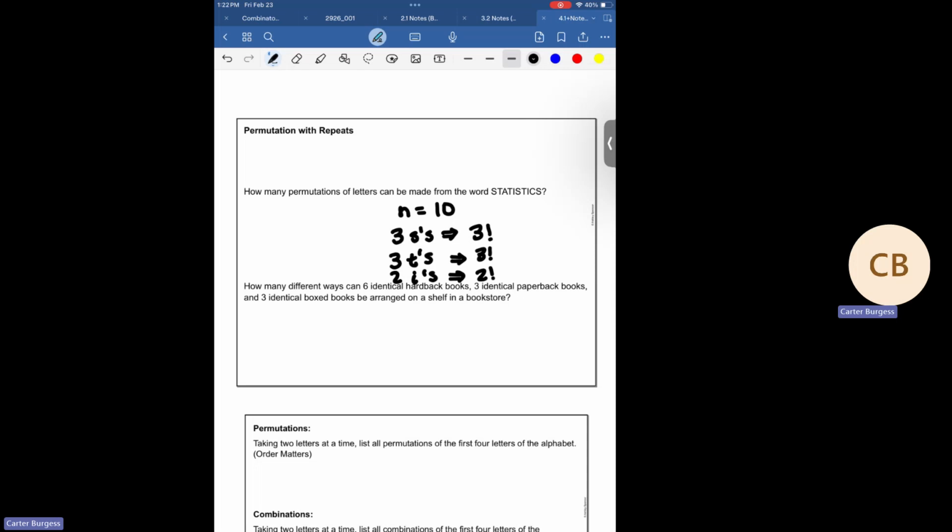I can swap all my t's, and I can swap all my i's, and I can swap all my s's. The main issue is that 8 factorial only works for 8 slots that are indistinguishable from one another. For instance, 8 factorial would be saying that I could take the s and the t and swap those and get the same thing, right?